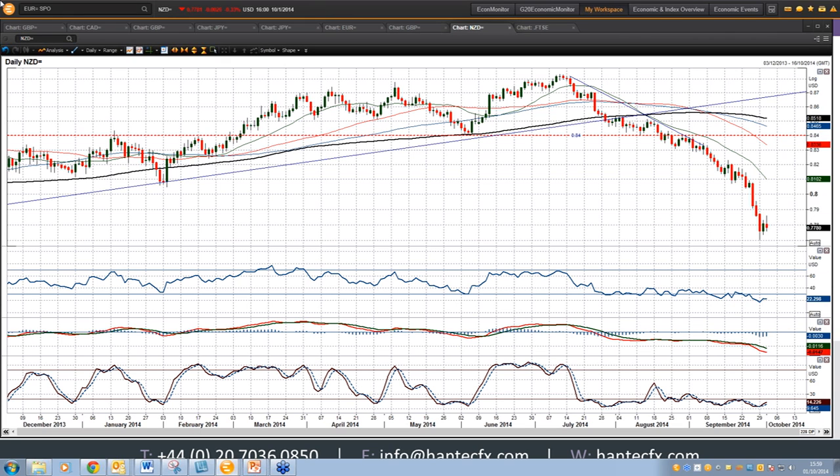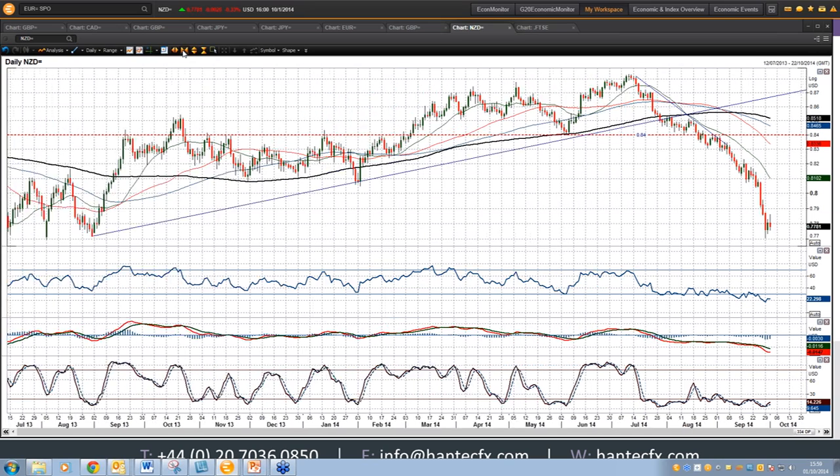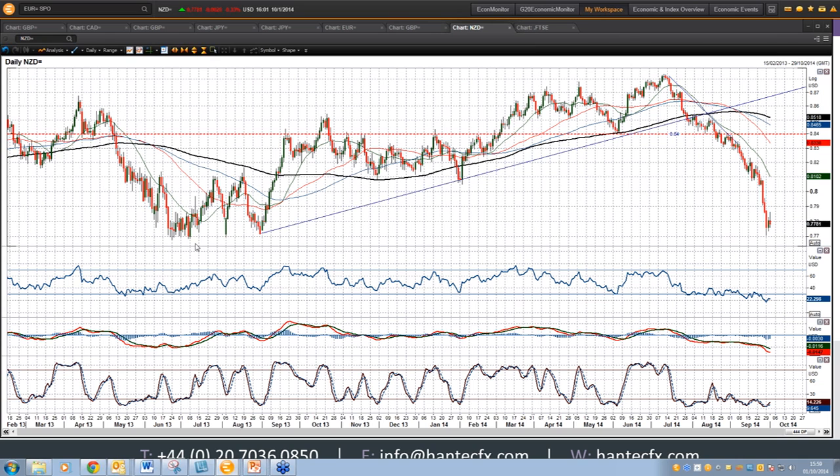I'm just looking at everything really, and across the board it is incredibly weak. The only saving grace you would argue is that you've got that massive support from those key 2013 lows at 77 big figure.